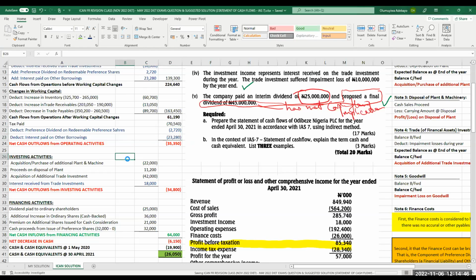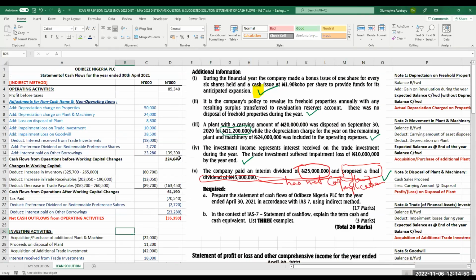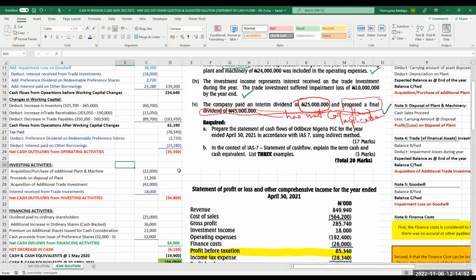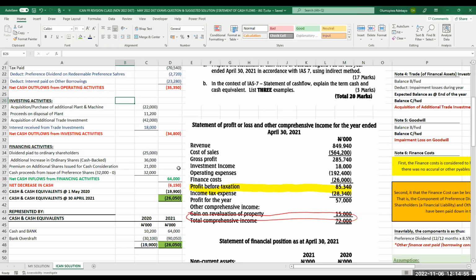Any other question? Any question? Any question on this?